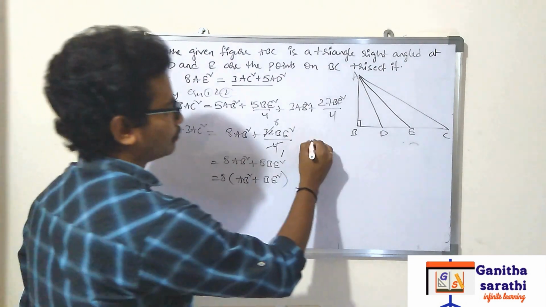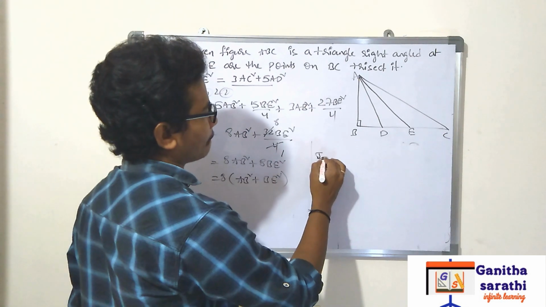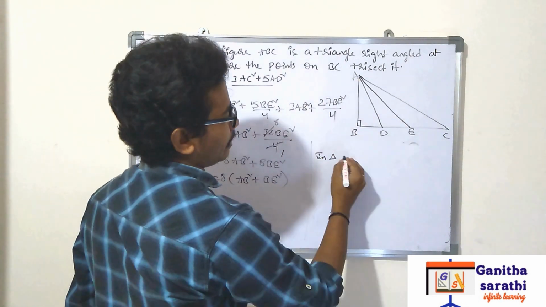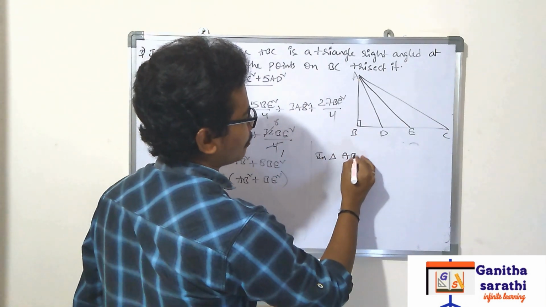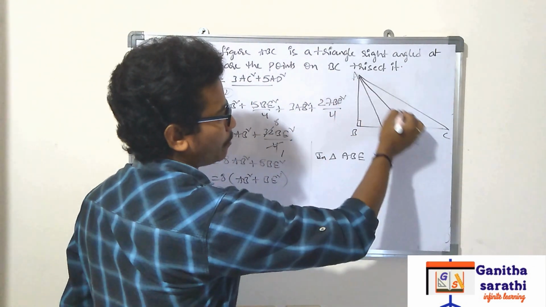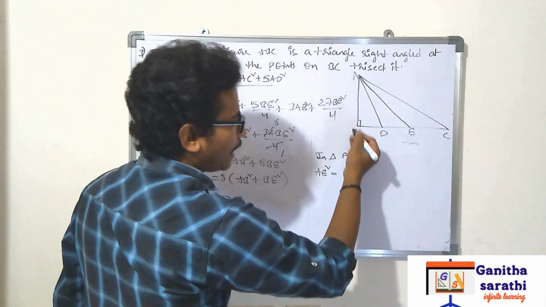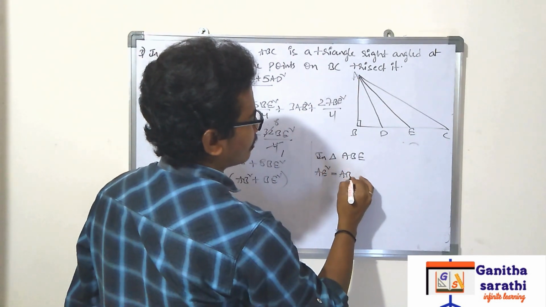Now listen. In triangle ABE, what is the hypotenuse? By using Pythagoras theorem, AE will be the hypotenuse. AE square is equal to AB square plus BE square.